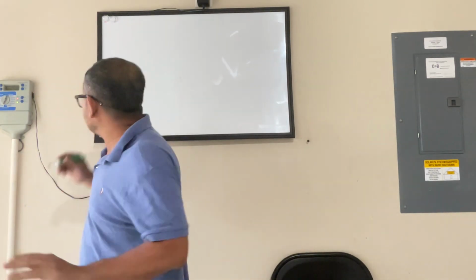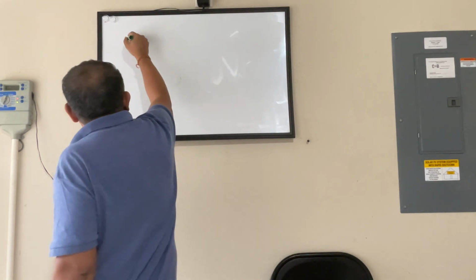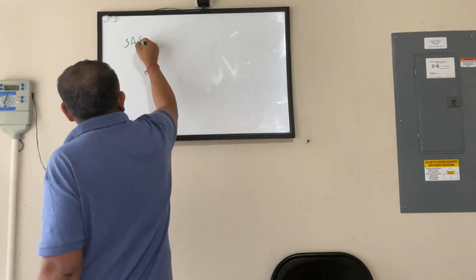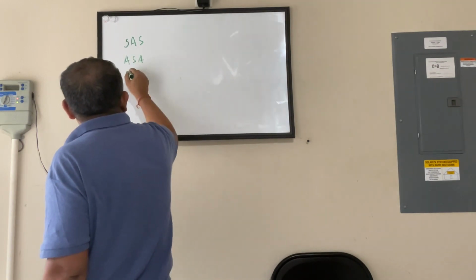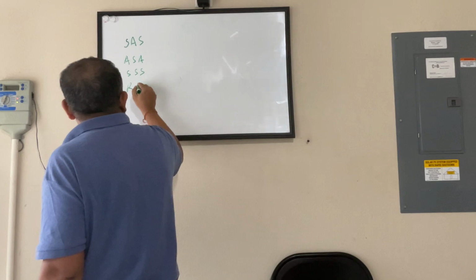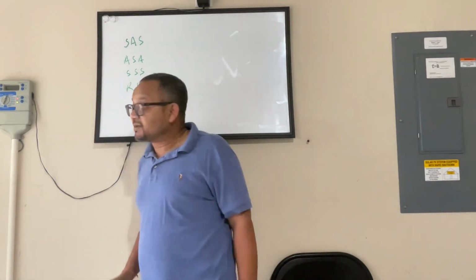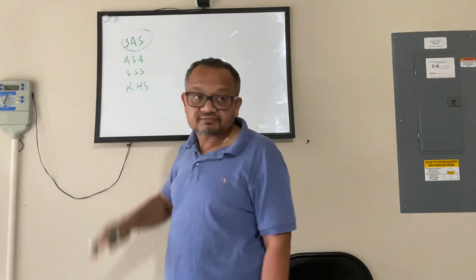So for proving the congruence of triangles, there are four axioms and theorems together. One is an axiom, three are theorems. SAS, ASA, SSS, RHS. These are the four theorems and axioms. The first one is the axiom. You don't have to prove it. The next three are theorems.